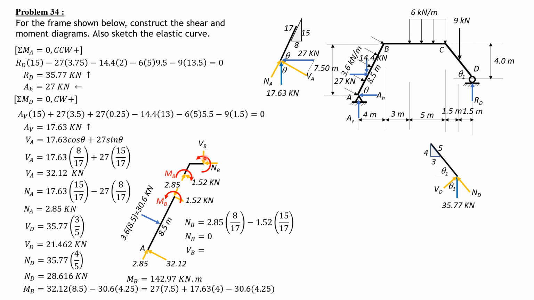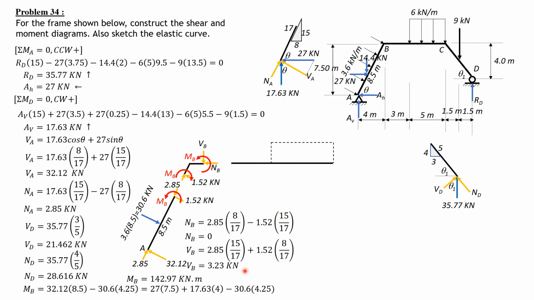Then NB from here is the summation of forces horizontally. So NB is equal to 2.85 cosine of theta, the cosine of this angle theta, so up to the right, 2.85 times 8/17, minus 1.52 times sine of theta, which is 15/17.